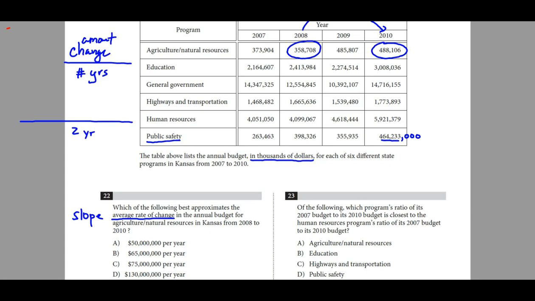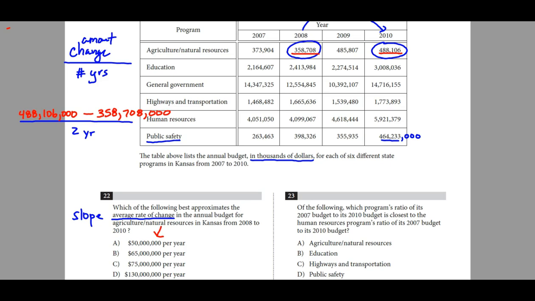And let's get some numbers in here now. Our numbers went 488,106,000. Take away, and then we're going to do this guy, and we're going to remember to add our zeros, 358,708,000. And when you put all that into your calculator, it looks like these answers down here, none of these answers are really that precise.